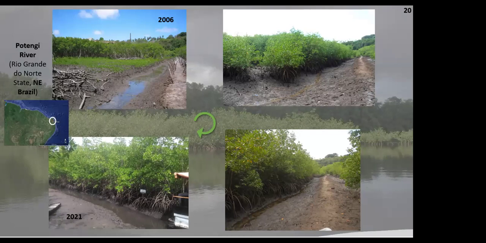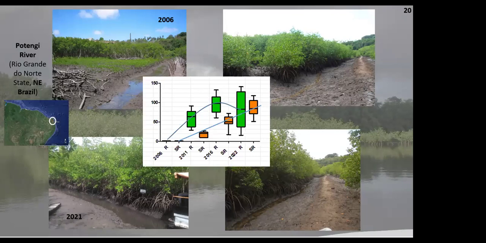The other area that we left to recover by itself was recovered by the three species of the region, Avicennia, Laguncularia, and Rhizophora, but the biomass was lower. Here you can see the green plots are the restored, the planted area.